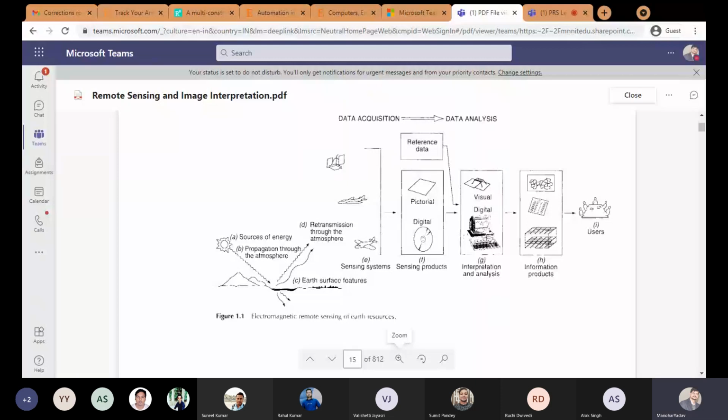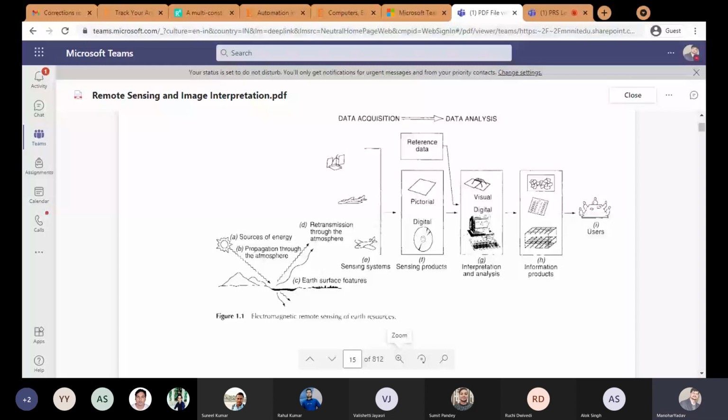Okay, now the source of energy could be externally located. So we consider sun as an external energy source for most of the remote sensing techniques. Okay, so sun generates its own energy and it radiates towards a 360-degree solid angle. Okay, so that's why the sun is considered here as an external energy source.